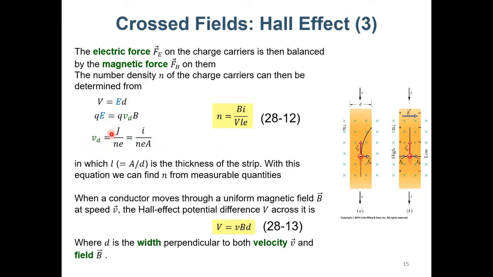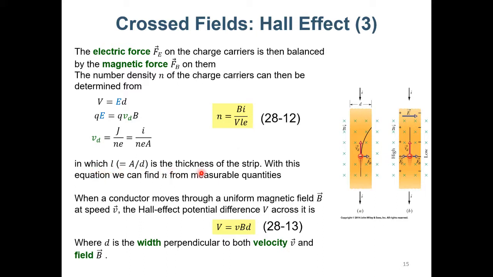So we substitute E equals vd B, and vd equals I over neA. So we substitute vd into here, and then we substitute E into here. Then we can get n equals BI over VLe.